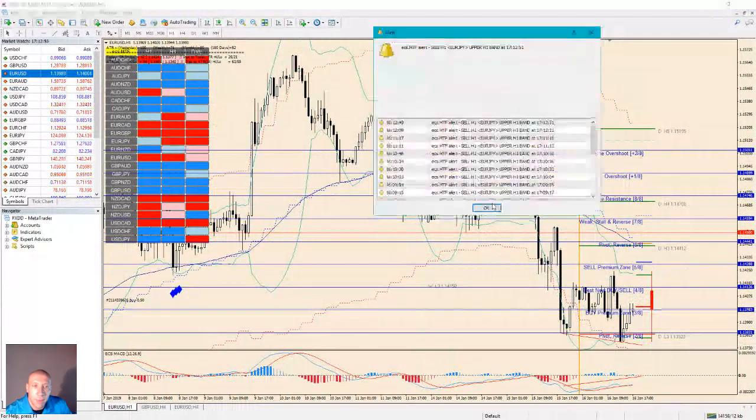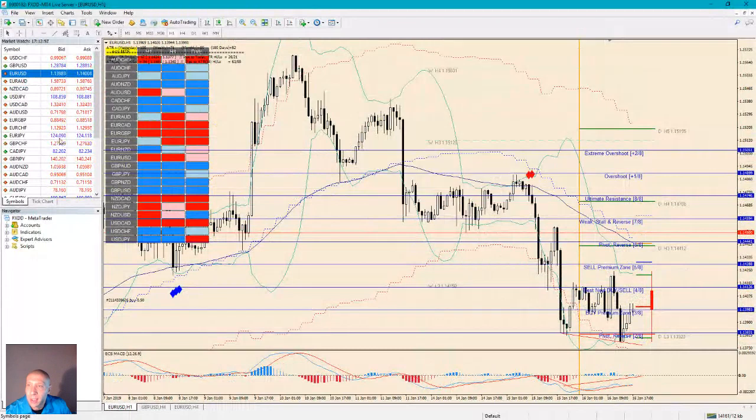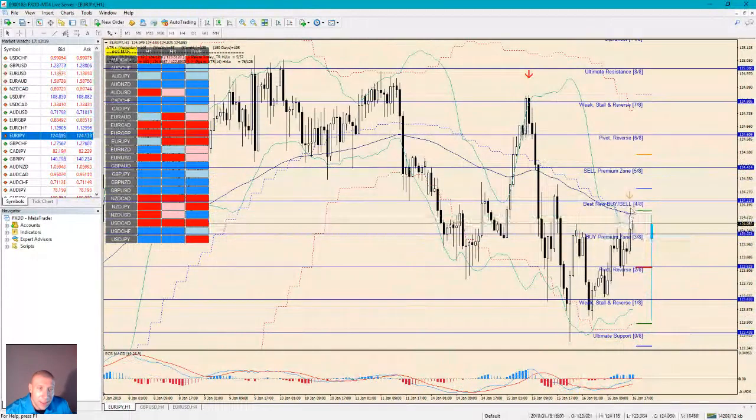Okay, you see now I'm getting an alert for the euro yen. I just need to check the euro yen. Yeah, also, yeah, but I'm not selling it definitely now because this is a signal, but my assessment as a trader is that this is not a reversal candle. So this is a signal based on Bollinger Bands on Murray Math at T89, but it's not a reversal candle. So I will skip this.